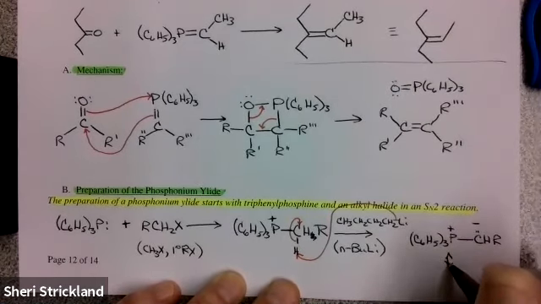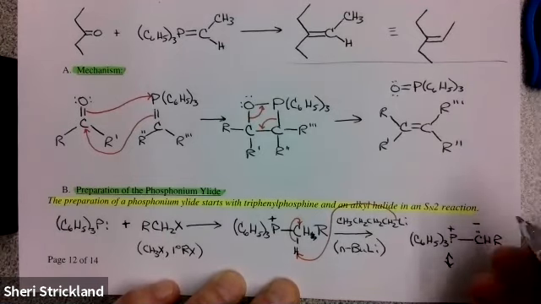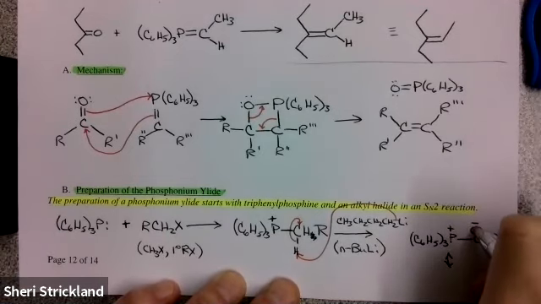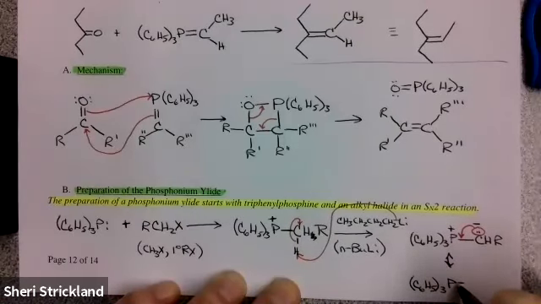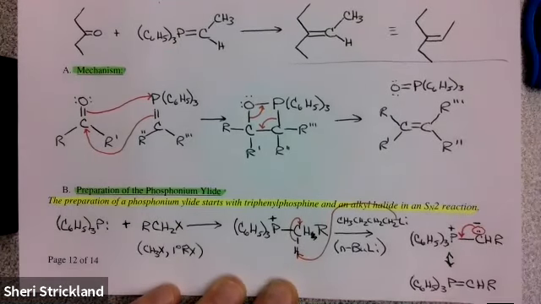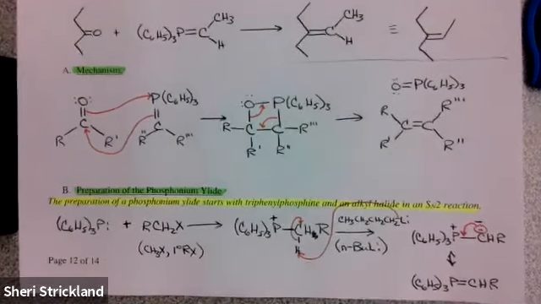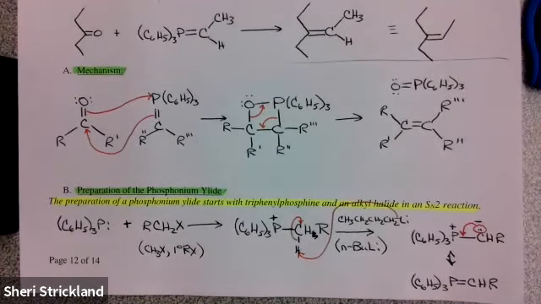And you can also draw this by something that's like a resonance structure. Just a different way of drawing the polar covalent bond that exists between the phosphorus and that carbon. All right, so that's how it goes. So I want you to answer the question at the end of this video, and then I'll see you in class.